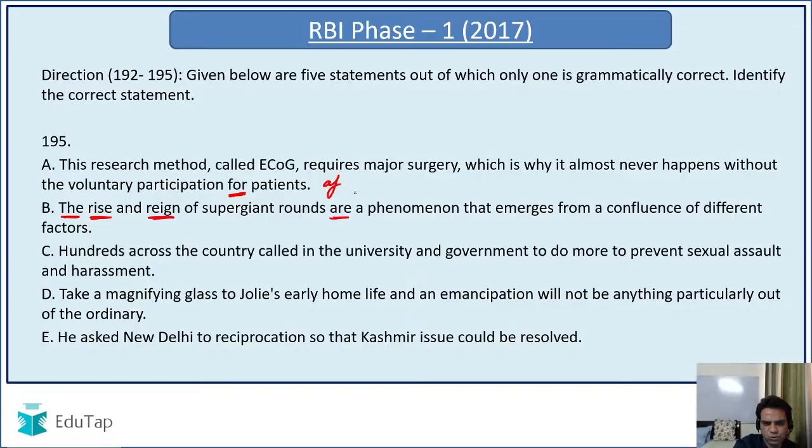So the rise and reign of supergiant rounds is a phenomenon that emerges from a confluence of different factors. See, hundreds across the country called in the university and government to do more to prevent sexual assault and harassment. Take a magnifying glass to Jolly's early home life, and an emancipation will not be anything particularly out of the ordinary. Will not be anything particularly out of the ordinary. Yes, guys.